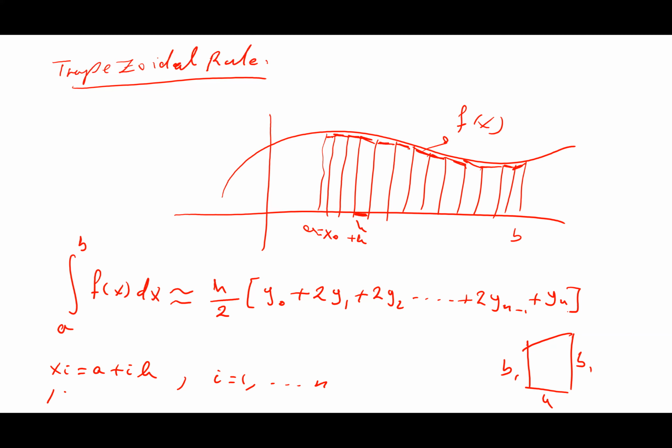Y sub 0, y1, y2, these are the values of the function at the points of the partitions at xi.